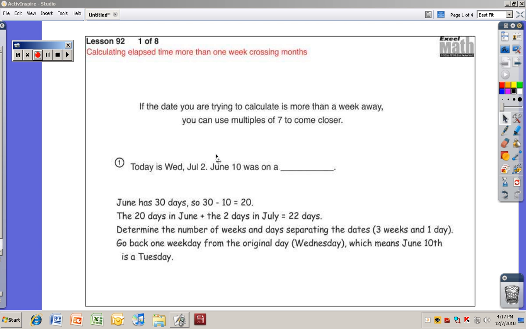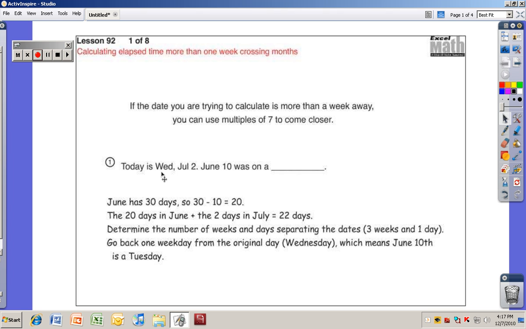So Wednesday, July 2nd, what we're going to do is move that back into a fake date, a June date. So picture this, you've got the month of June, and here's the 30th of June, and here's the 1st of July. Well, let's say June just kept going.